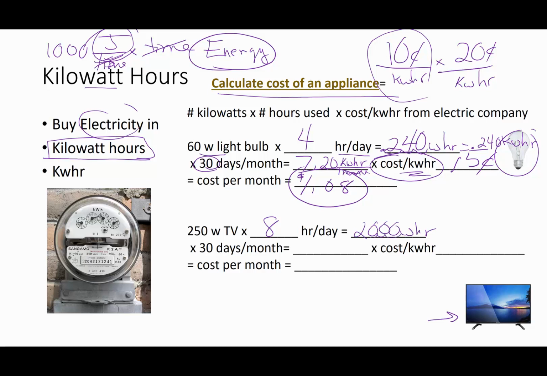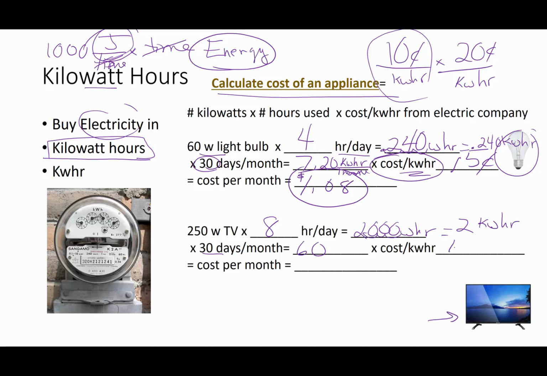Move my decimal, 1, 2, 3. That's 2 kilowatt hours times 30 days in a month. So that's 2 times 30, which is 60 kilowatt hours per month.